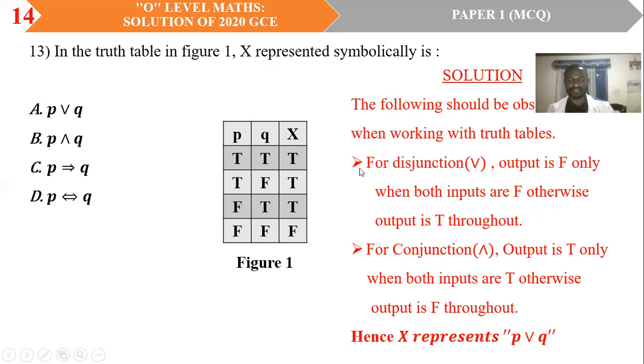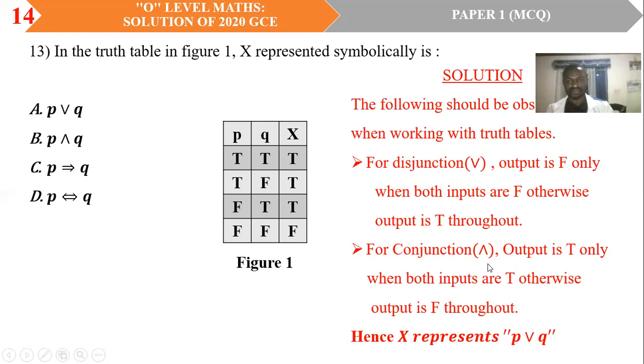The first is that when we have a disjunction, the output is false only when both inputs are false. Otherwise, output is true throughout. Now, when we look at this, we see that output is true throughout, and it is false only when both inputs are false. Therefore, this is actually what we are looking for.